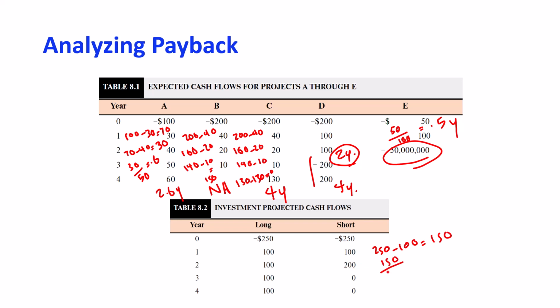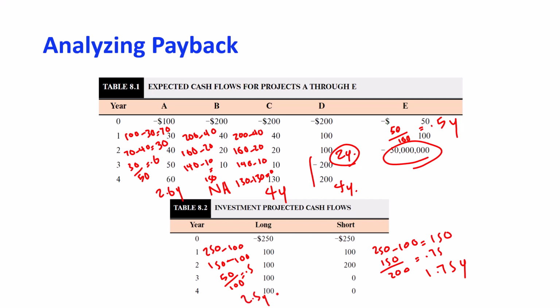So 150 over 200 would be 0.75. The project will pay back in 1.75 years, the short project, and the long one is paying back in 2.5 years.